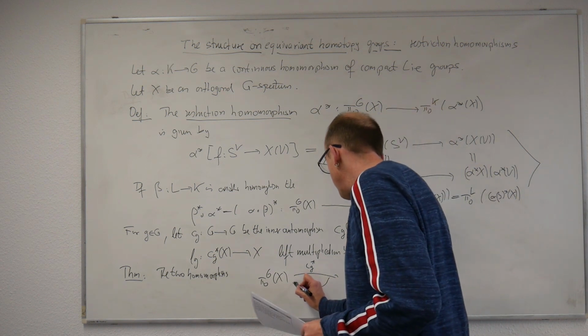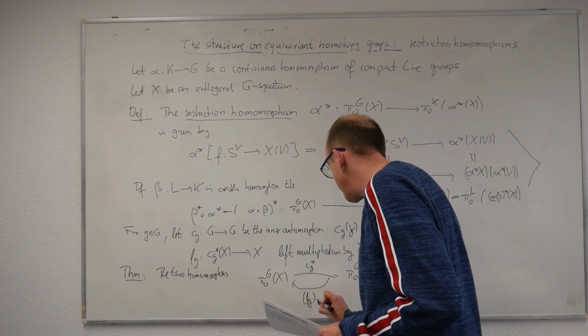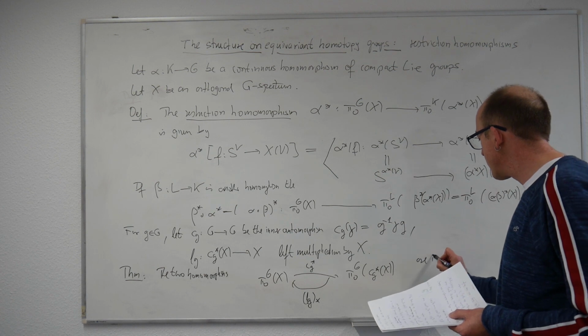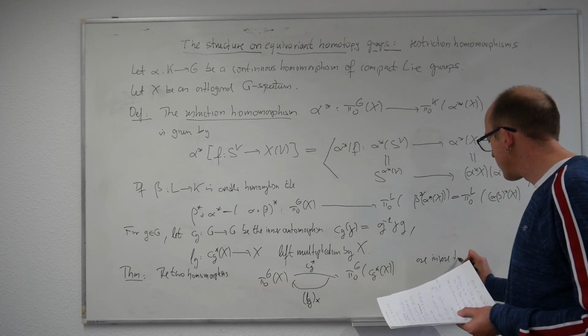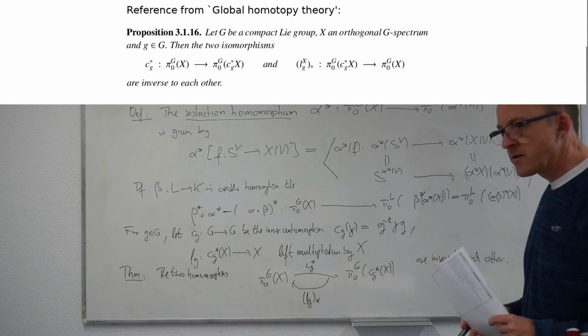And in this direction, I have left multiplication by g, which is a homomorphism of orthogonal G-spectra, and whatever it induces on homotopy groups, these are inverse to each other.